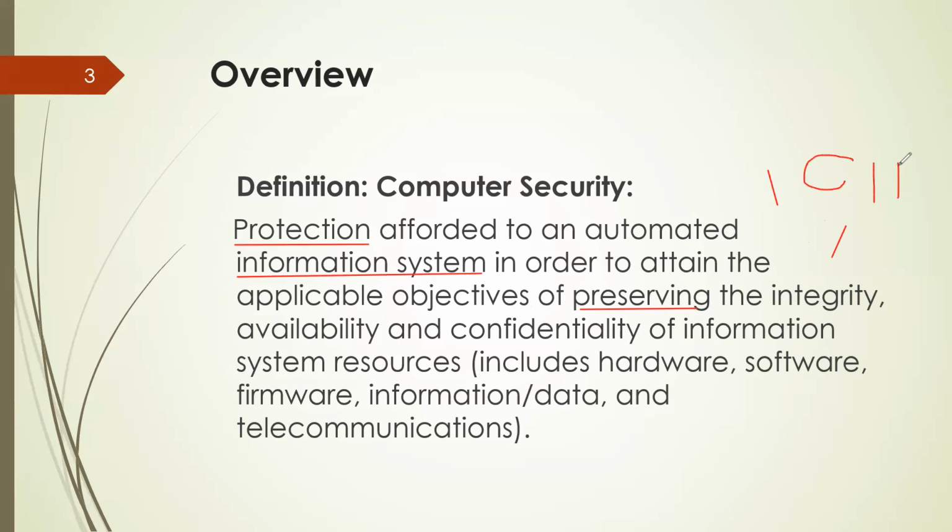And where we are saying that when we preserve the confidentiality, integrity, and availability of any system, that is what guides us in seeing that, yes, we are now good to go.